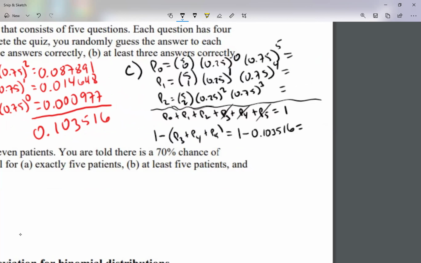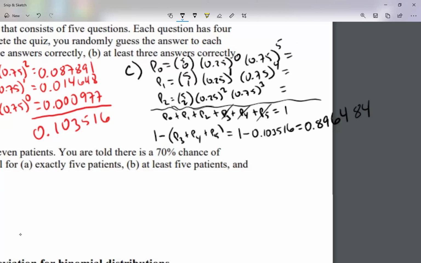And then my result in this case will be 0.896484. Wow, that's a big probability.